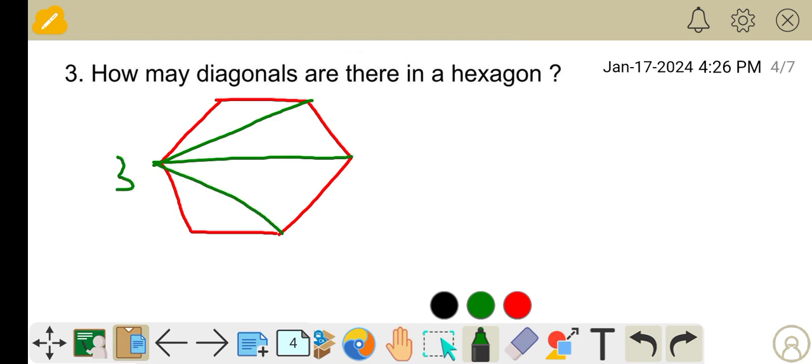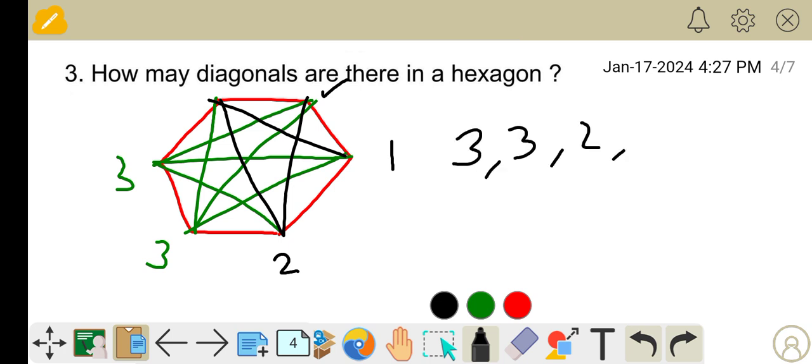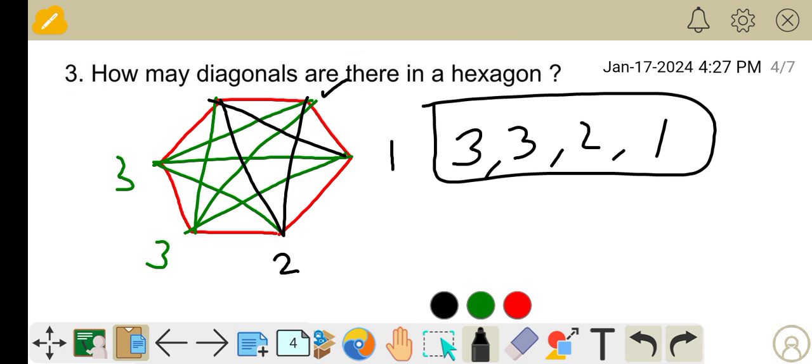At the second, 1 2 3. At the third point we can only draw two diagonals, because the third diagonal has already been drawn. And from the next only 1, and from the last none new. So the total is 3, 3, 2, 1. Just add: 3 and 3 is 6, and 3 more is 9. So you can answer this as 9.